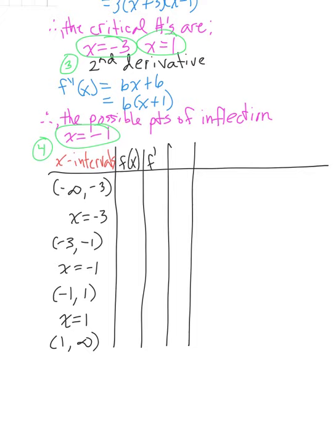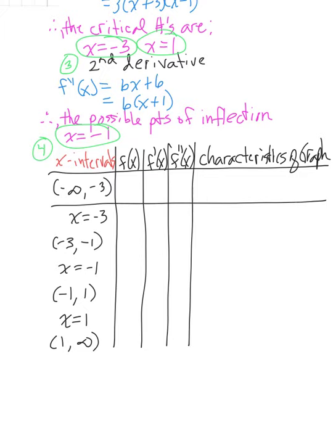We're going to plug into the first derivative and plug into the second derivative. And then we're going to talk about the characteristics of the graph. Okay, and so I'm going to put rows here.